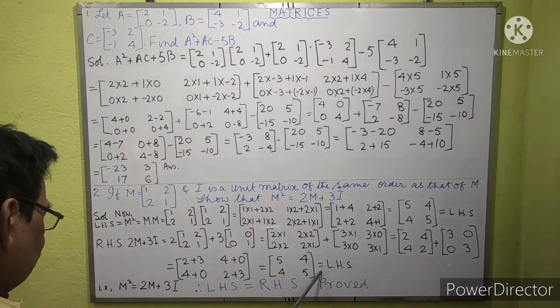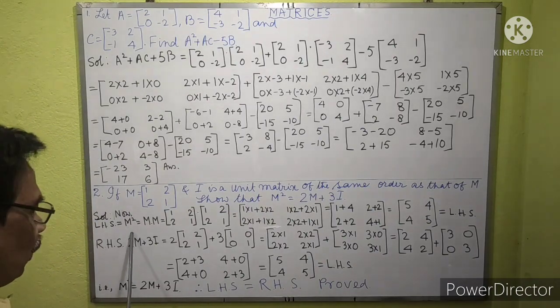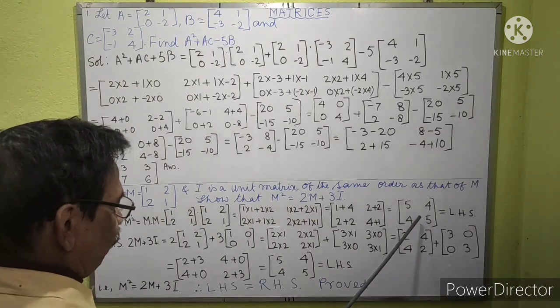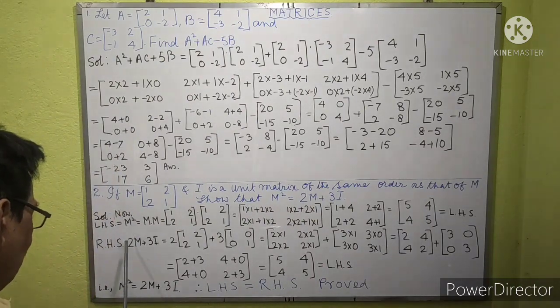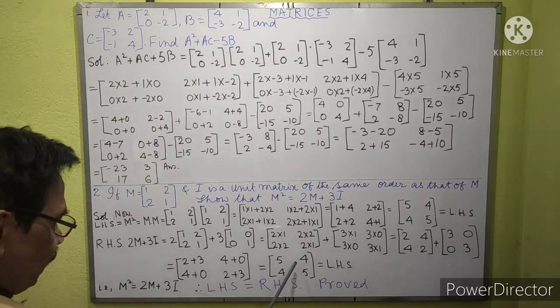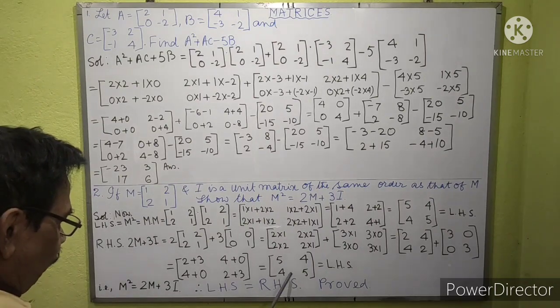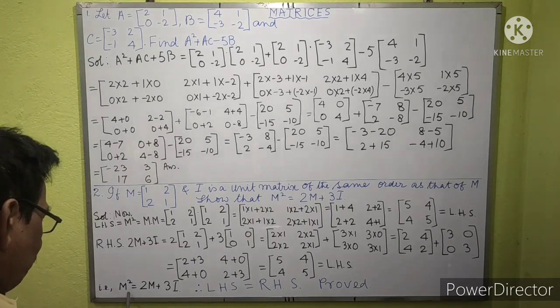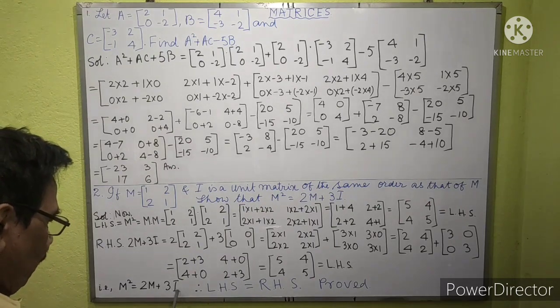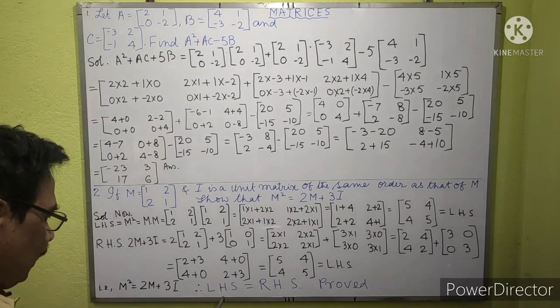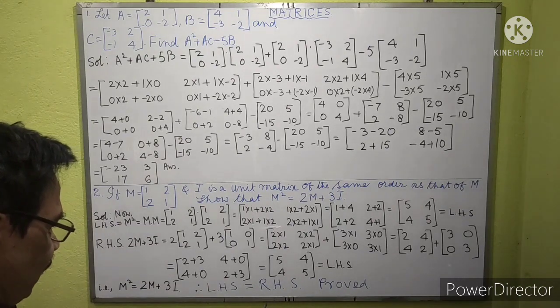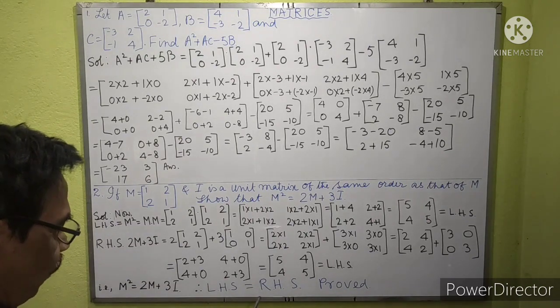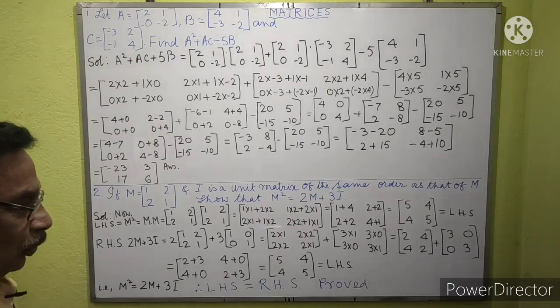So it is clear now that M square, which is 5, 4 and 4, 5, and 2M plus 3I are also the same, 5, 4 and 4, 5. That is M square equal to 2M plus 3I. Therefore we can easily write that LHS equal to RHS, left hand side is equal to right hand side. Hence it is proved.